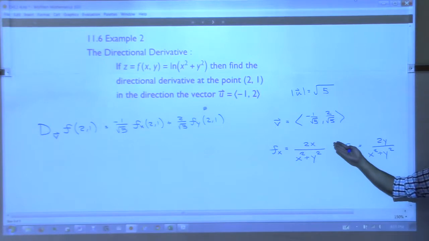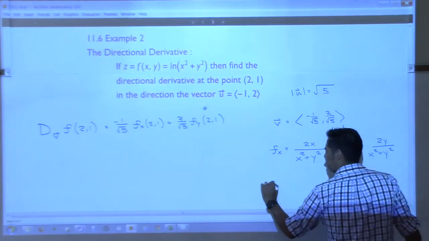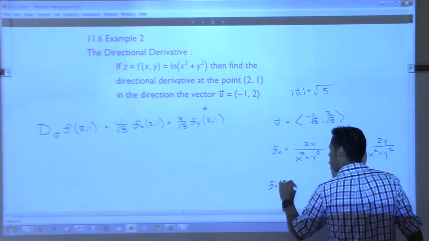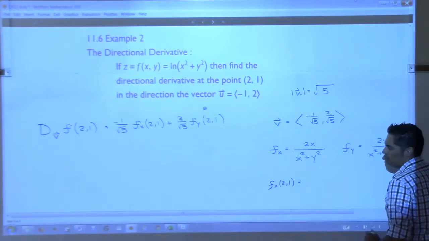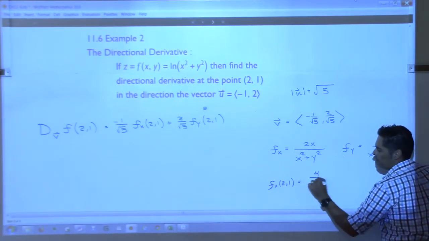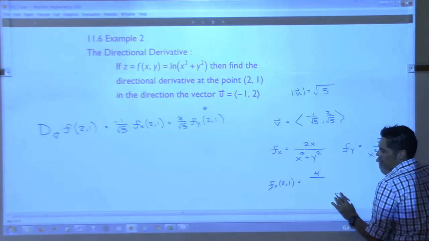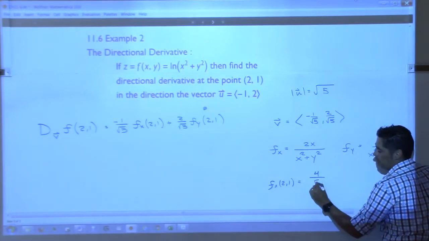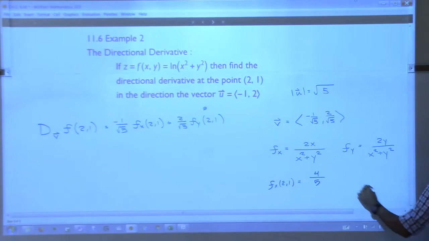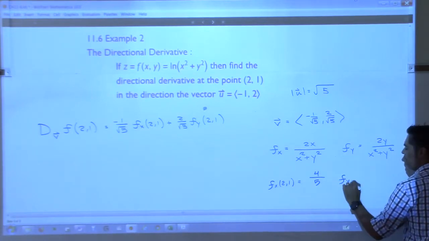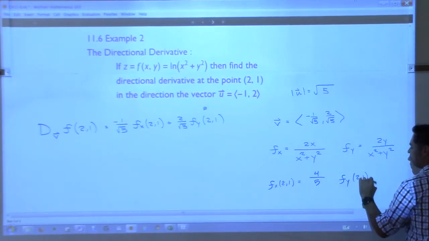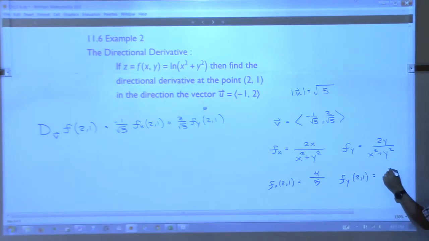So we still need to do those evaluations, don't we? What is this one? 2 for x, so 4 on top, and on the bottom we get 5, so 4/5. And then what about the partial with respect to y at (2, 1)? 2/5.